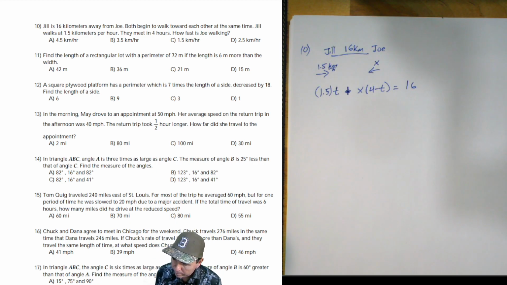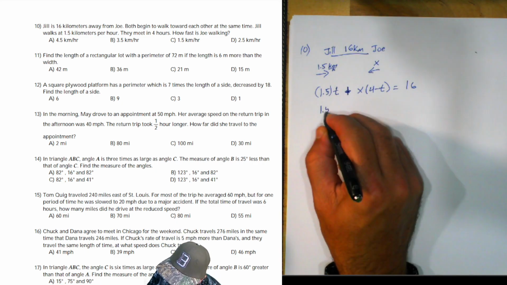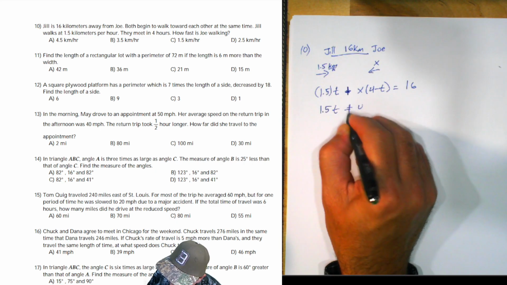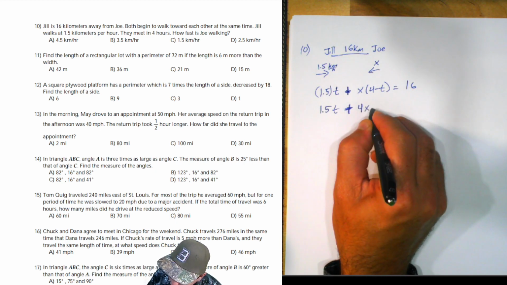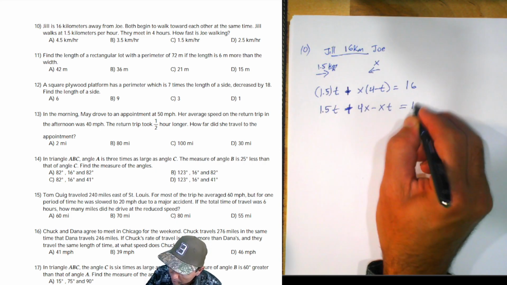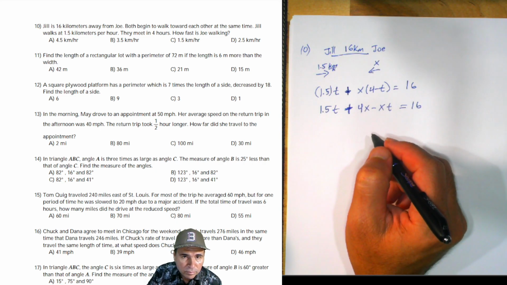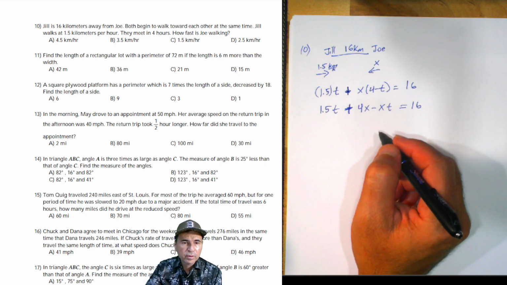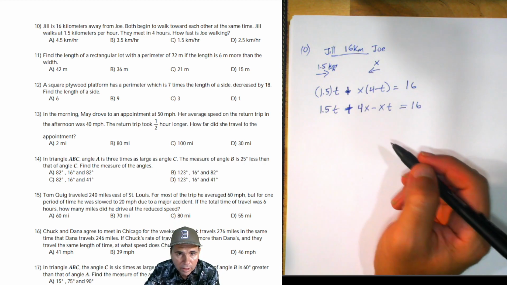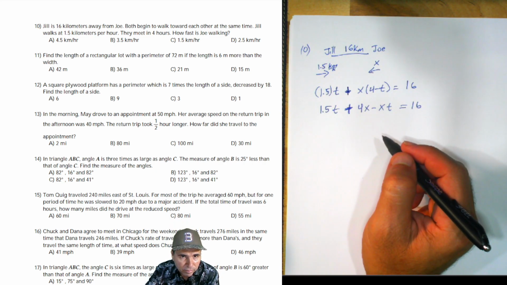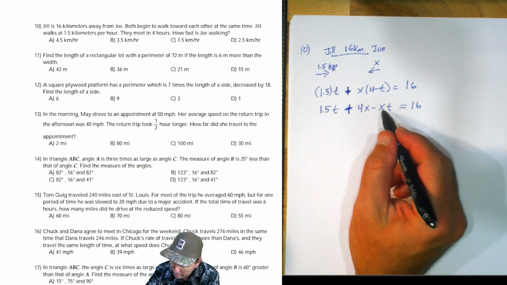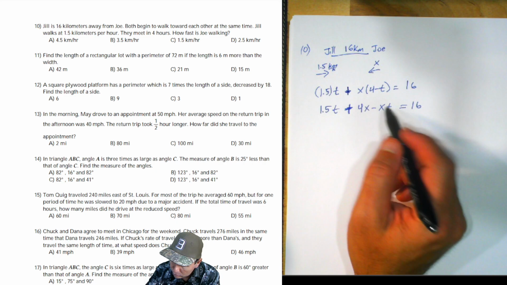Okay, so let's go ahead and try to solve this. We got 1.5t plus x times 4 minus t is equal to 16. I think this is going to turn into quadratic again, because notice how we have two unknowns here.